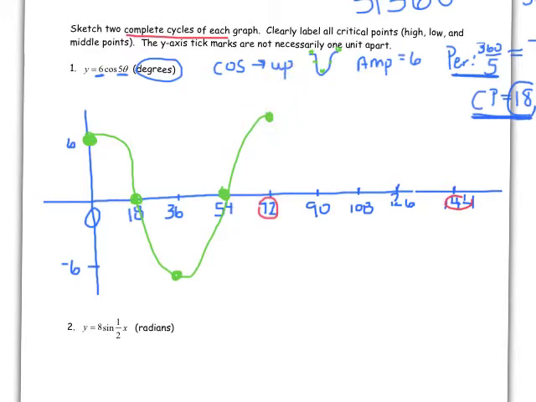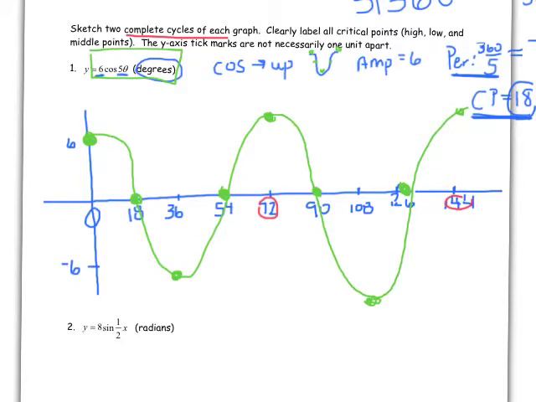Then you go to the middle, down, middle, up. This represents a second cycle. Okay, and that's our 2 cycles of this cosine graph.